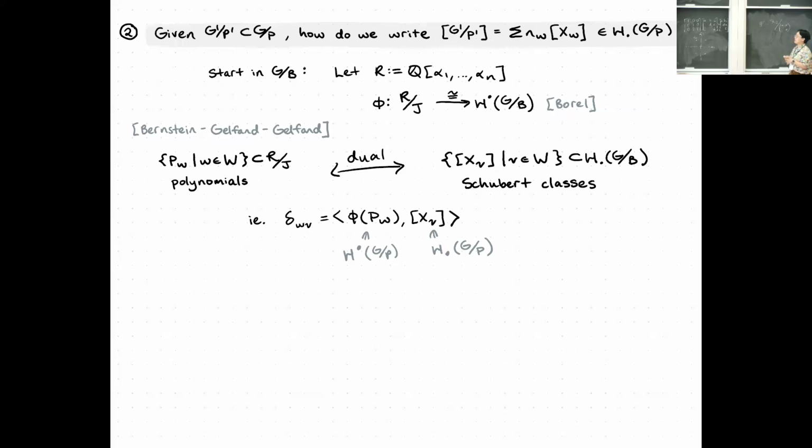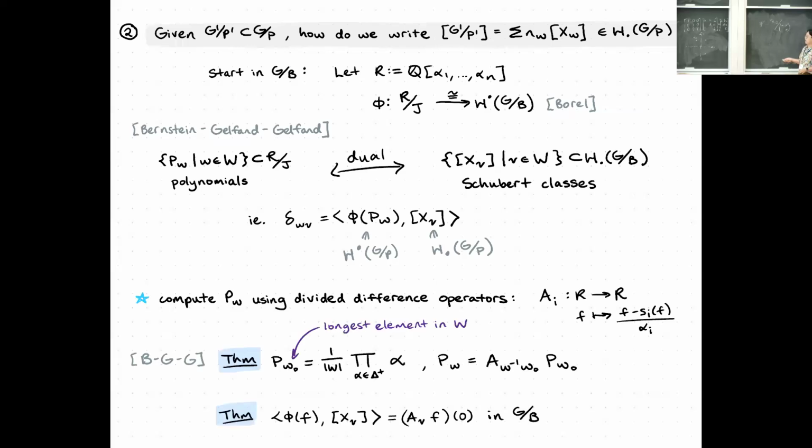Okay, so these exist, and even better, these are very computable. These P_W polynomials that represent the cohomology classes are computed using divided difference operators. With divided difference operators, you take your polynomial, apply one of those reflections to it, subtract, and then divide. The point is that it's a very doable computation, reduced to polynomial manipulation.